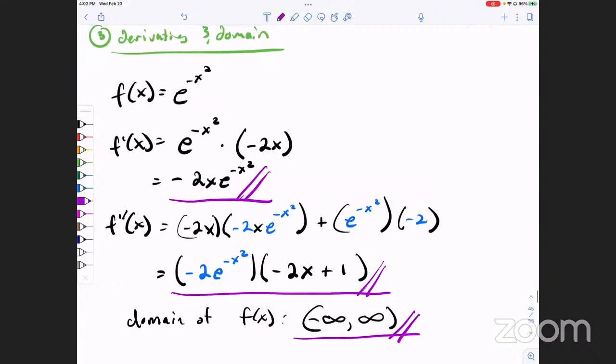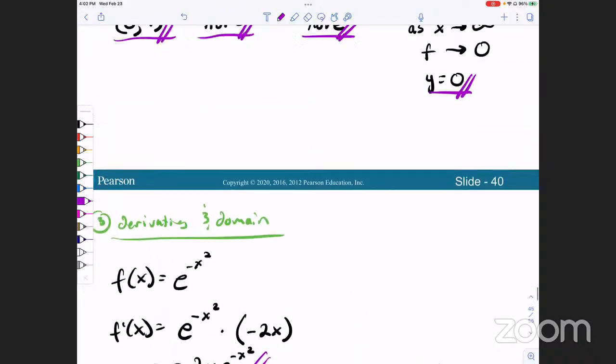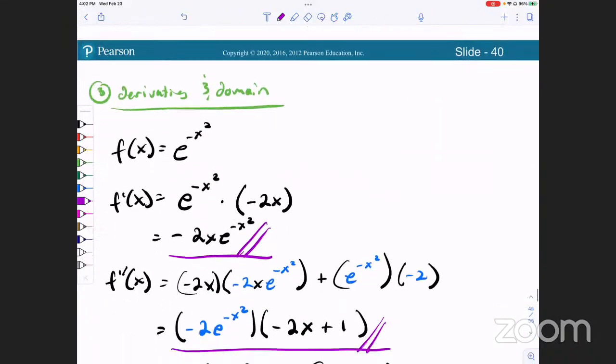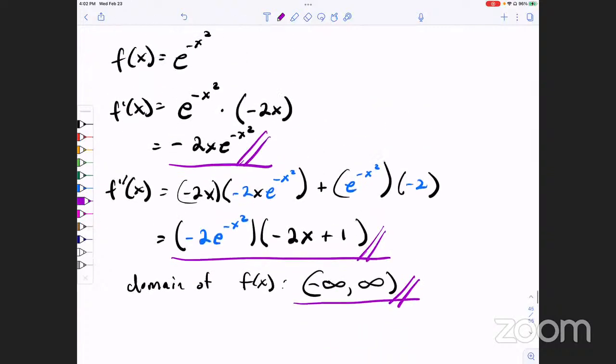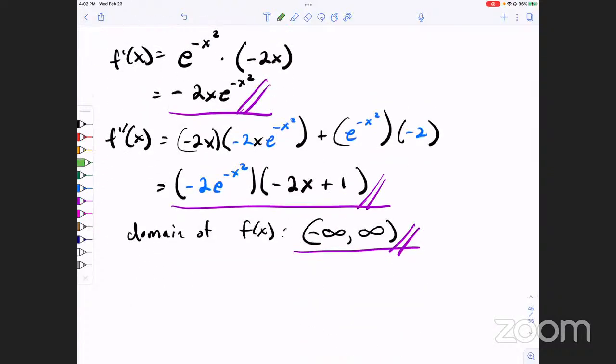All right, so we did derivatives and domain. Next, number 4, we want to see any critical values. That comes from the first derivative.